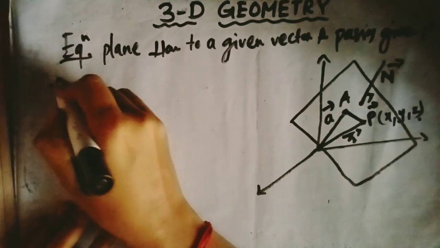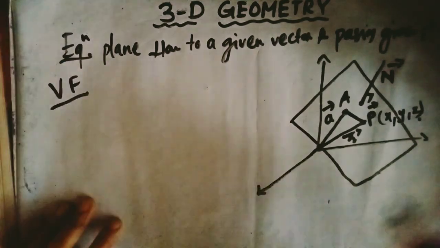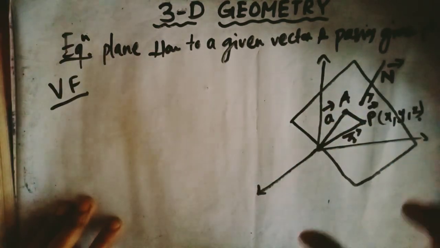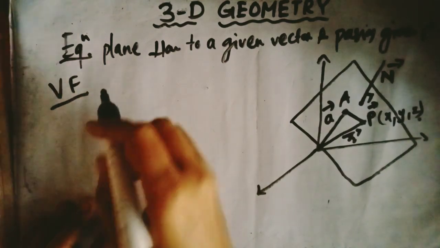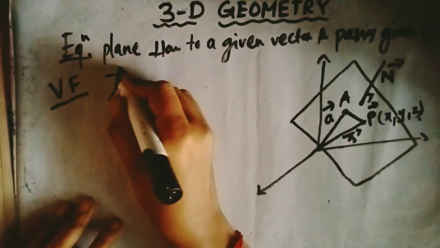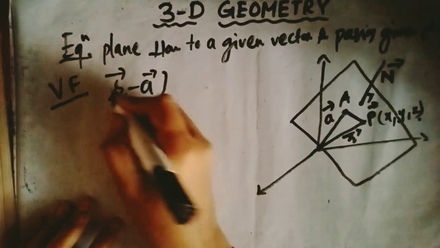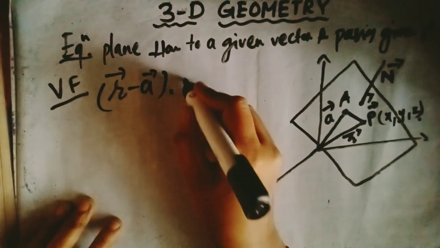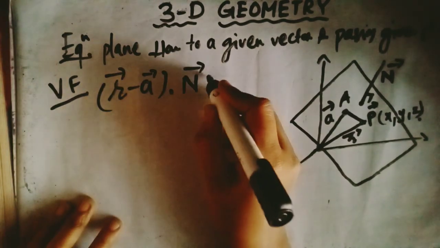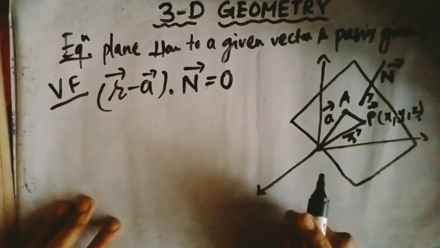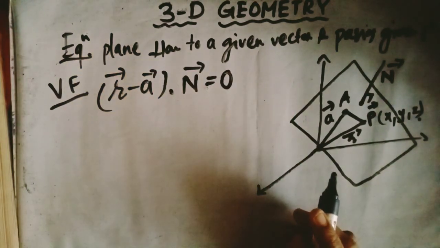Then the vector form for this type of condition is (R minus A) vector dot N vector equal to 0. This is the vector equation of the plane. Okay.